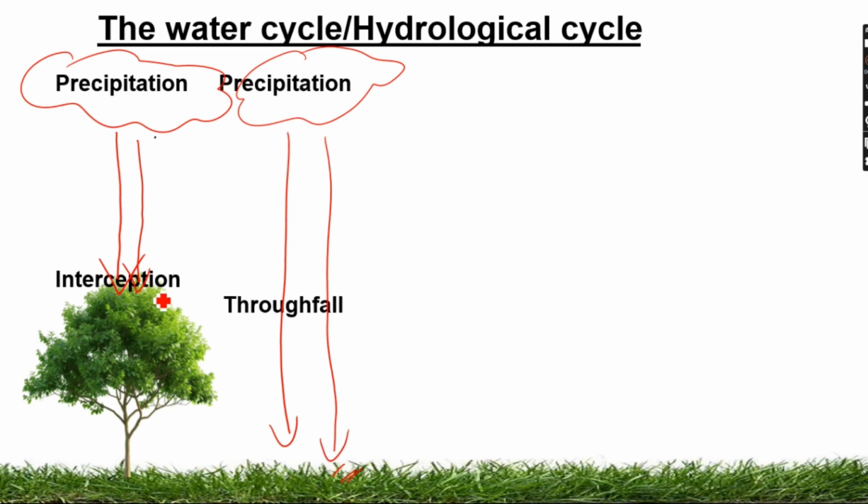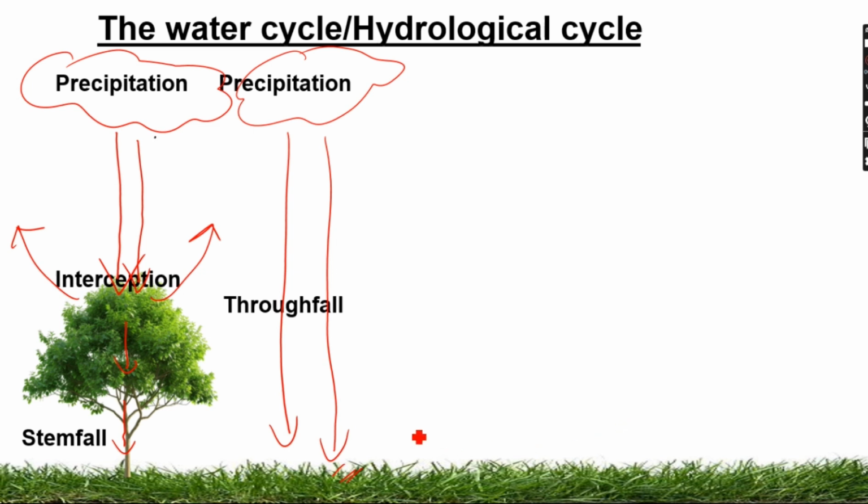Then the water which is trapped by the trees, some of it can be evaporated back to the atmosphere, but we have some of it which will drip down the stem onto the ground. This one is known as stemflow. It is a step in the water cycle.